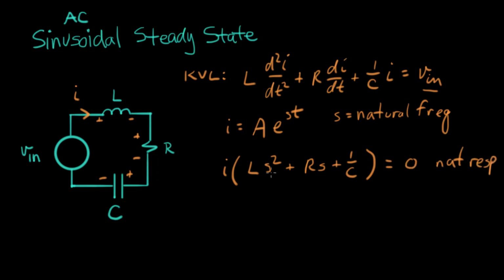So we solve this equation by setting this term equal to 0 and solving for s to find the natural frequency. Then we go back and find A by looking at the initial conditions. Whatever initial energy was in this circuit determines the value of A. The next step in this forced response, where Vin is driving the circuit, is to set this back to Vin and solve for the forced response.